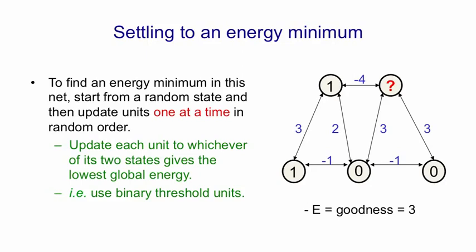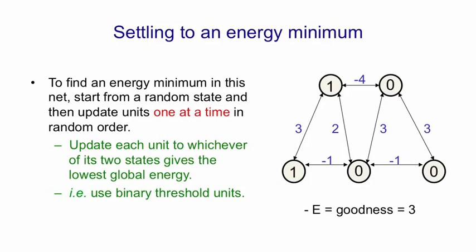That's below 0, so we turn it off, i.e. it stays in the off state. Now let's probe another unit. If we look at this unit, again, it gets a total input of 1 times 3 plus -1 times 0. So it gets a total input of 3, so the binary threshold decision rule will make it turn on.